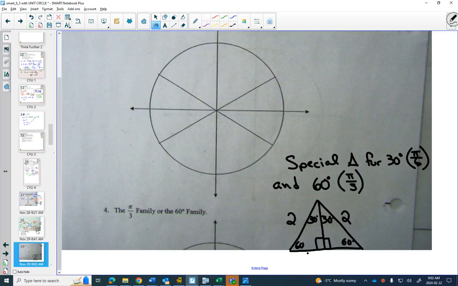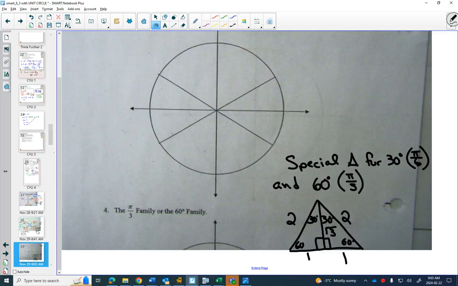So this side has to be 1, and this side has to be 1. And all of a sudden we have 2 sides of a right angle triangle. We can do a squared plus b squared equals c squared. So 4 minus 1 is 3, so this side will be the square root of 3. And we have the special triangle and all of its sides labeled.